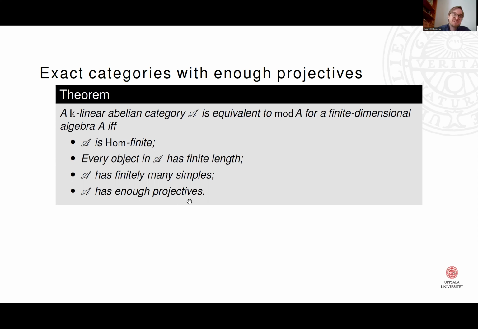Enough projectives also makes sense for an exact category. You just have to ask for a deflation from a projective object, and projective objects also make sense. There are several equivalent definitions of what a projective object should be. So let's think about the condition of enough projectives for an exact category. What about generalizing it?